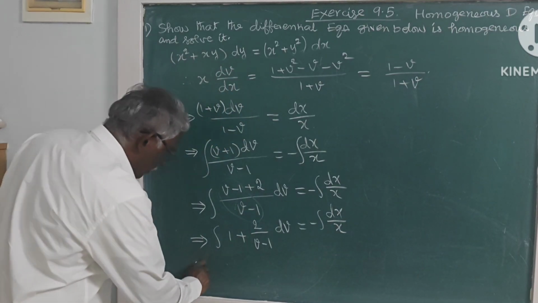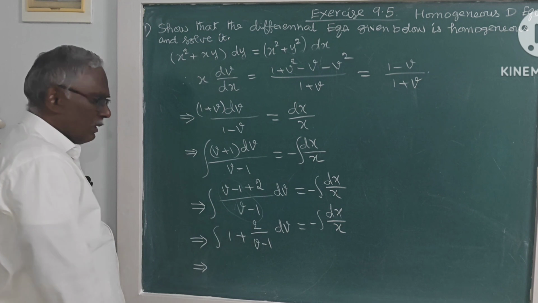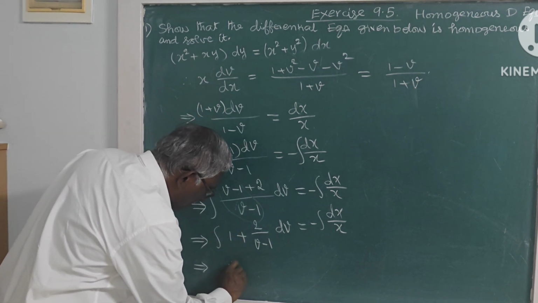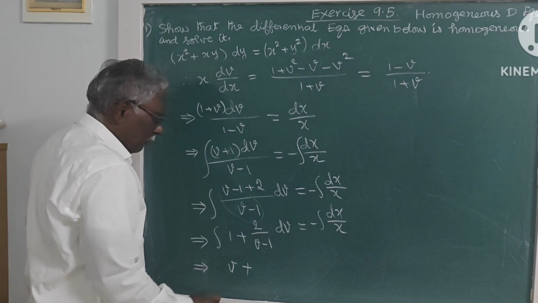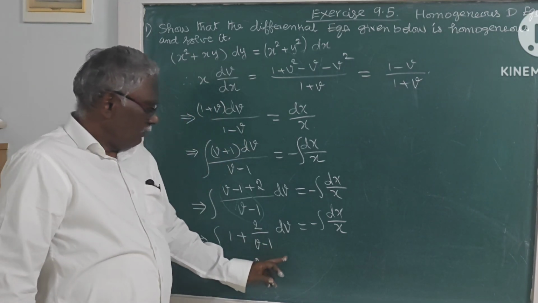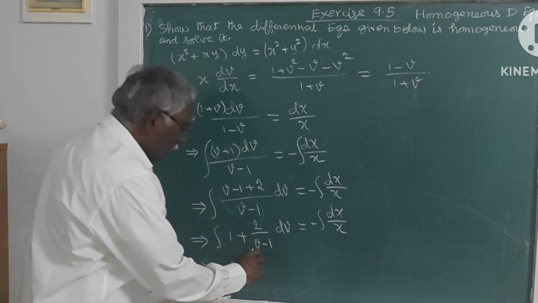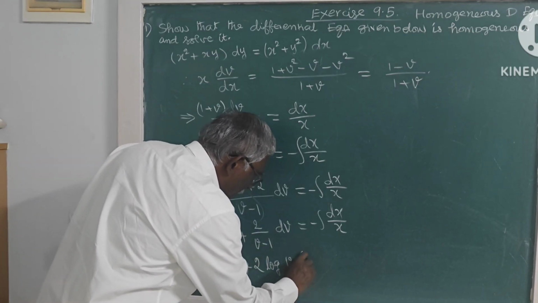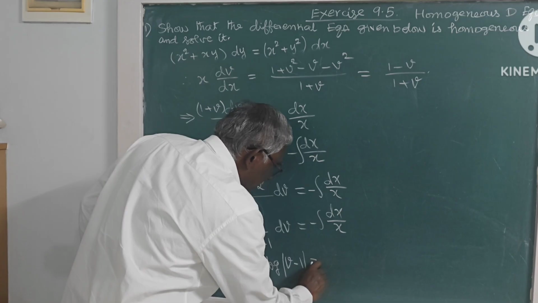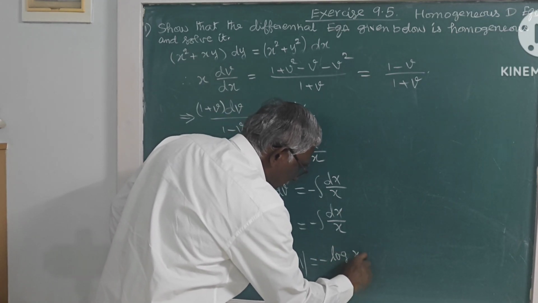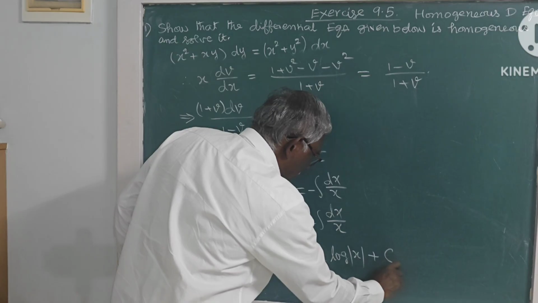Now if we integrate 1 with respect to v, we will get v, plus 2 times, if we differentiate v minus 1 we get dv, log of v minus 1, is equal to minus log of x plus constant.